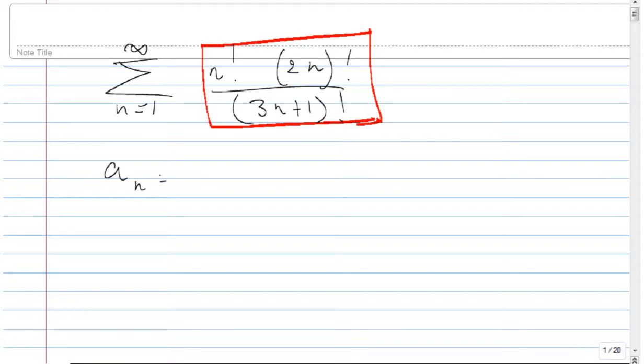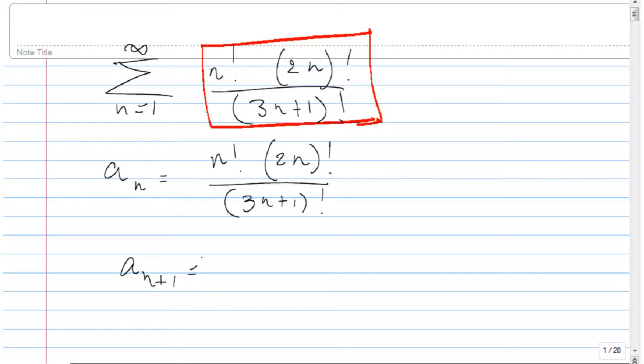So a_n is equal to n factorial times (2n) factorial over (3n plus 1) factorial. So now we need to come up with a_(n+1), and this is a typical mistake that students make, which is that they will replace n by n plus 1.